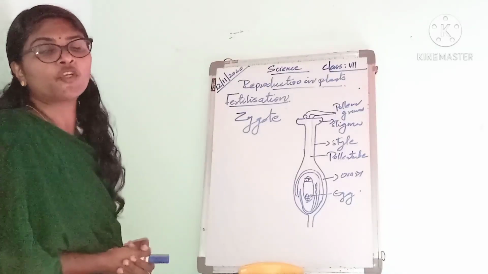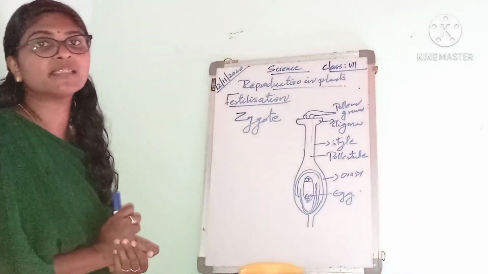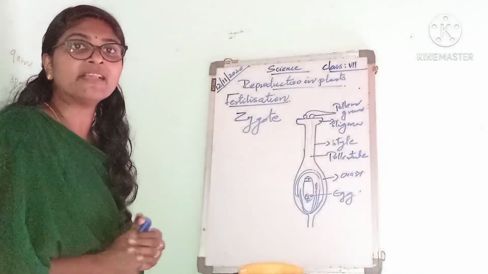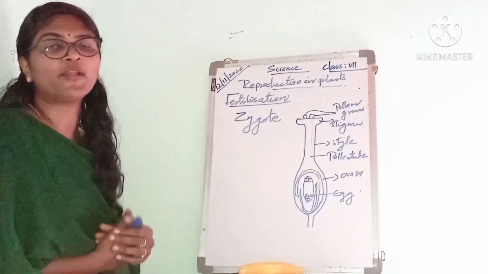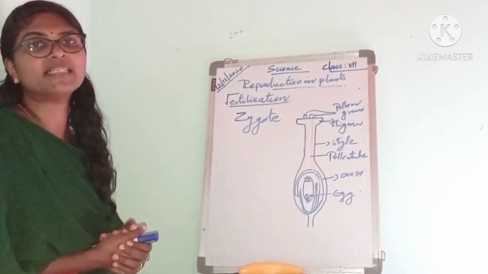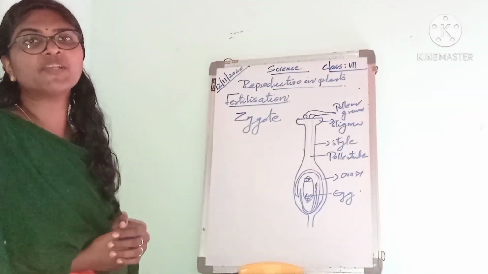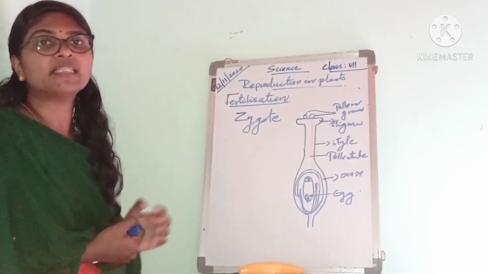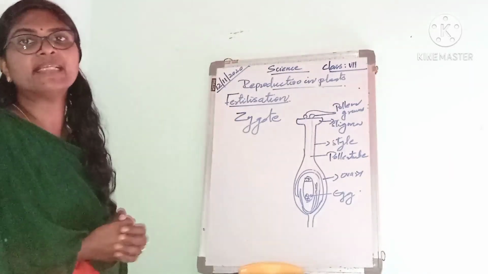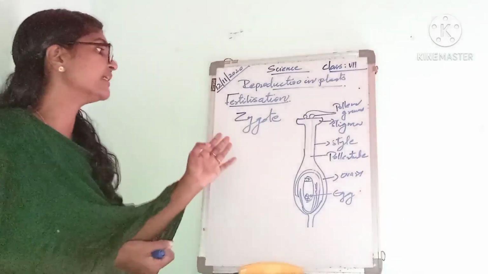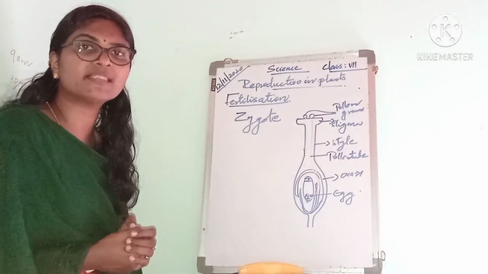We also learned the pollinating agents such as birds, bats, wind, beetles, butterflies, etc. Next, fertilization: the fusion of the male gamete with the female gamete, the egg, is called fertilization, and the fertilized egg is called the zygote. Okay, children, that is the end of today's class. Thank you.